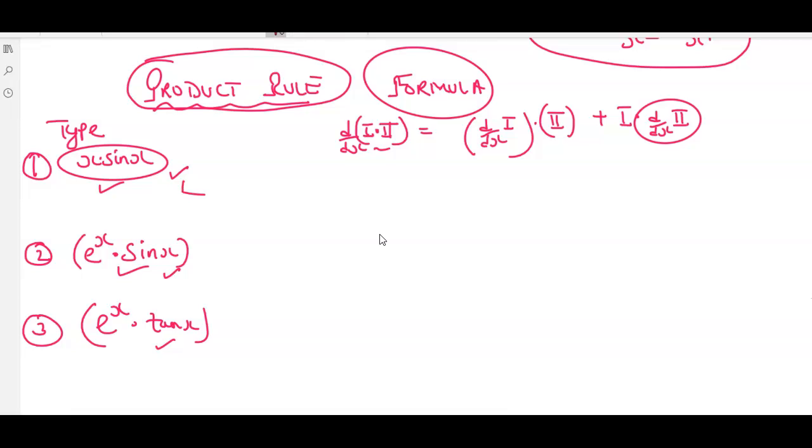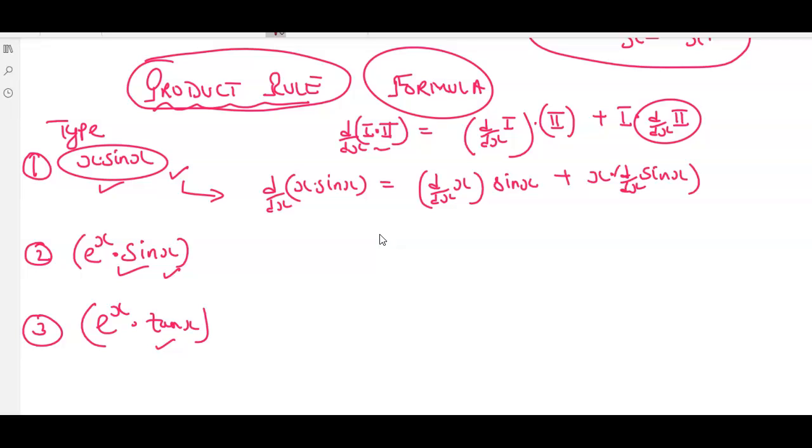Similarly, if we have this kind of function, x into sin x, then what we can do here: derivative of x as such, sin x as it is, then x into derivative of sin x. Now derivative of x is 1, so it remains as 1. 1 into sin x is sin x, and derivative of sin x is cos x.